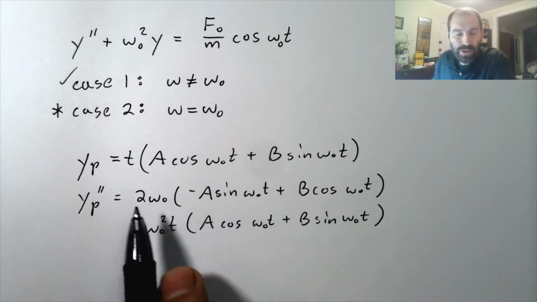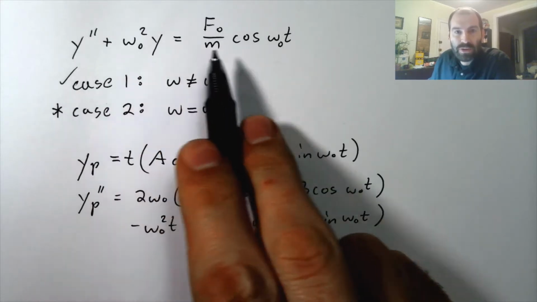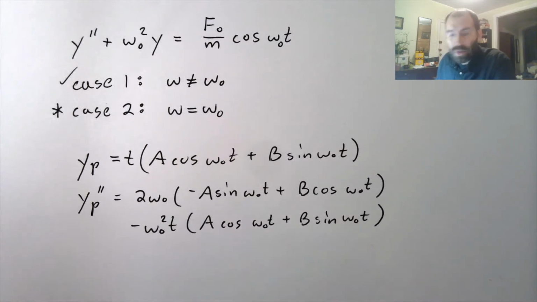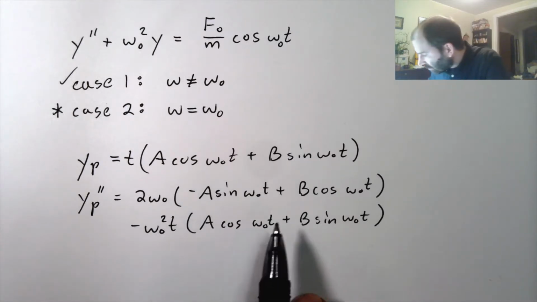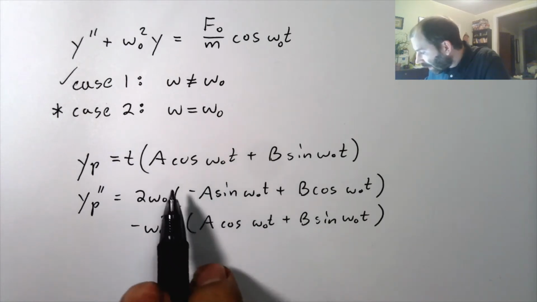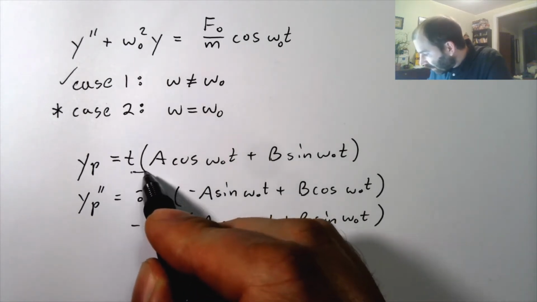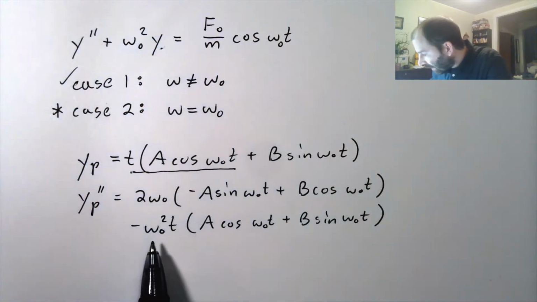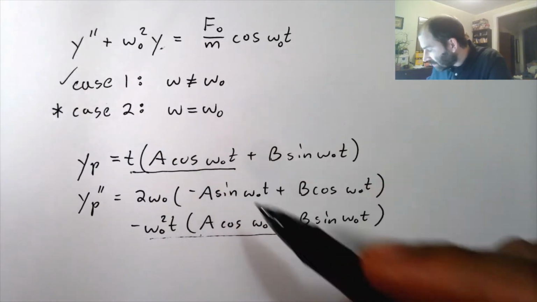Now we're going to plug these into the differential equation and see if we can solve for A and B. Let me point out some observations right now. When I plug this piece in here, and I've got this piece over here with this chunk plugged in, they cancel each other off.